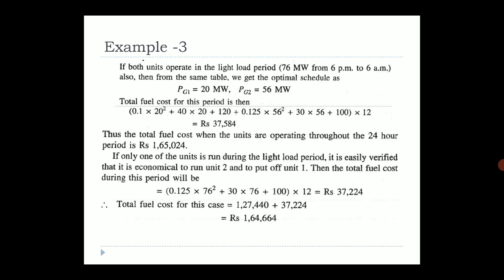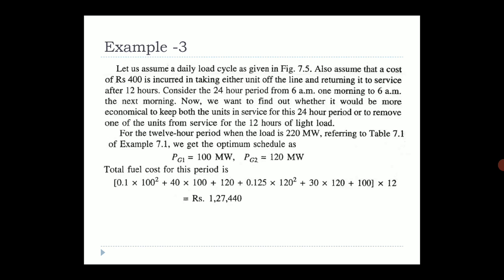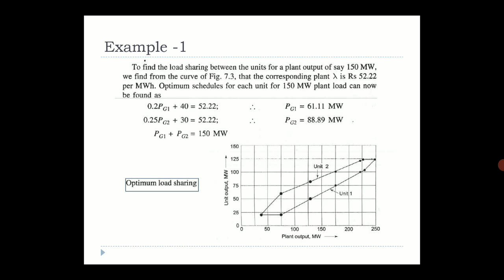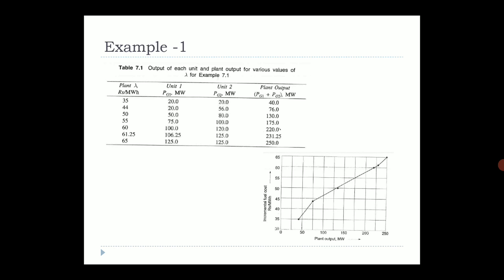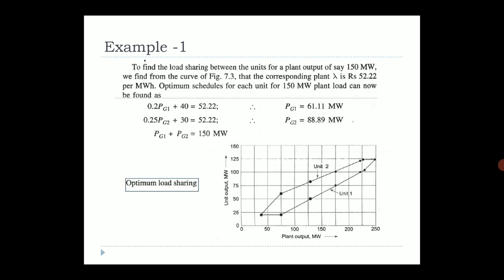Now if both units operate in the light load period, that is 76 megawatt from 6 pm to 6 am, then from the same table we can get the optimal schedule as 20 and 56. So for 76 megawatt, you can see the second row, 76 megawatt, you have 20 and 56.